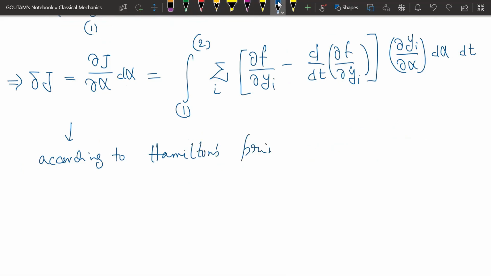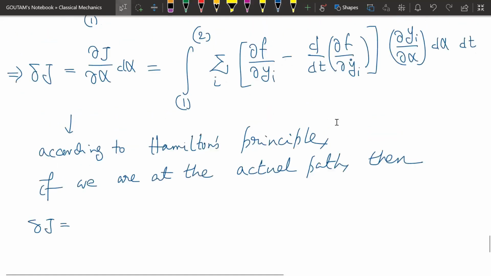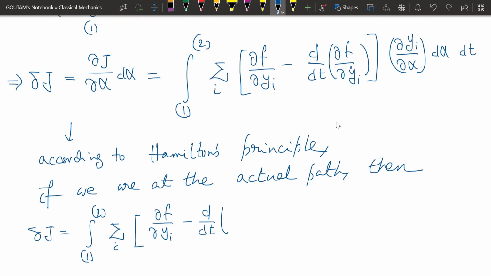Hamilton's principle: if we are at the actual path, then delta J equals the integral from 1 to 2, sum over i, of [∂f/∂yi minus d/dt of ∂f/∂yi dot].